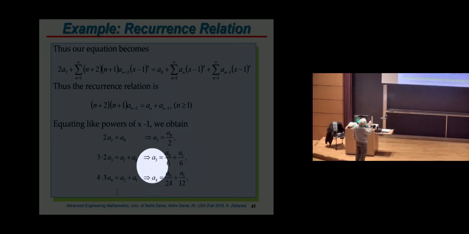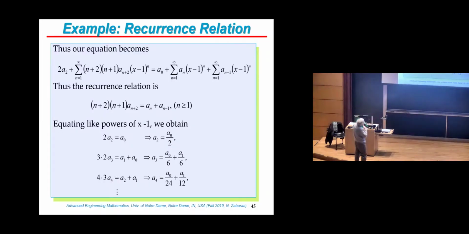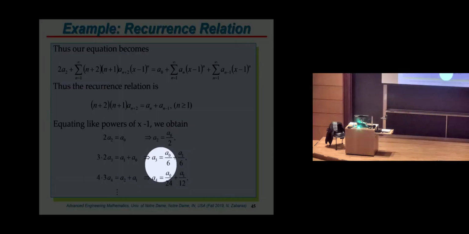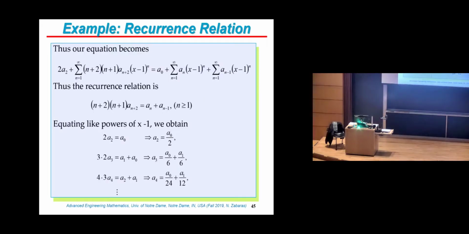So I can write a3 in terms of a0 and a1. And you can continue with a4, a5, but notice the coefficients a0 and a1 remain free parameters. You're not going to be able to compute what a0 and a1 are, which means they are anything. They are free parameters.